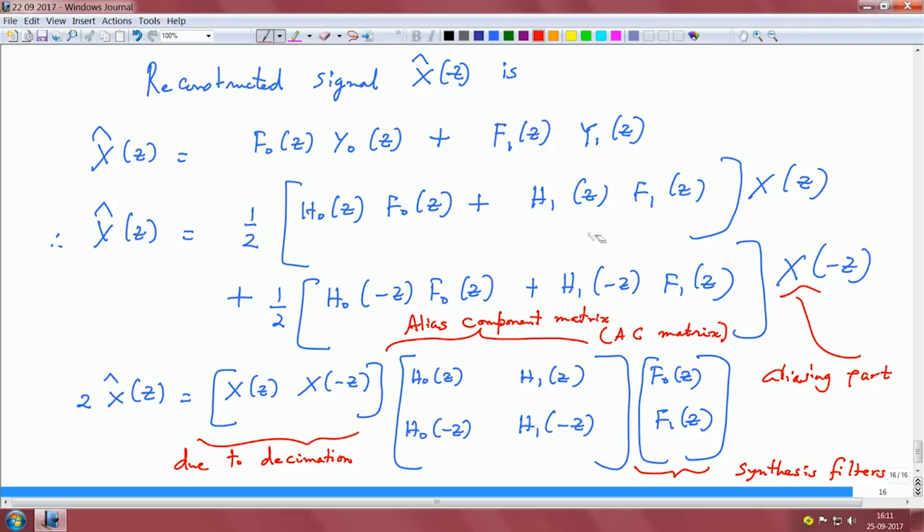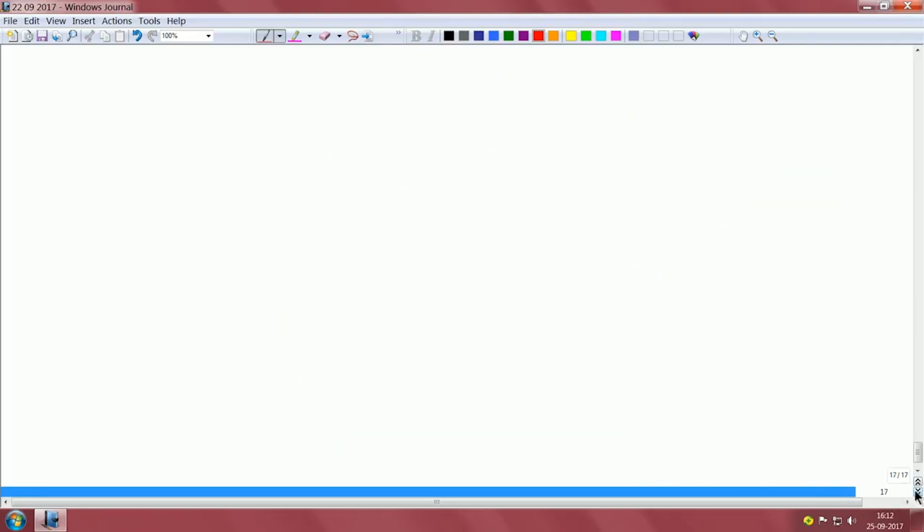If I force this term here, that is the preceding term to x of minus z, to 0, this aliasing distortion is eliminated, right, and that is what we will do.